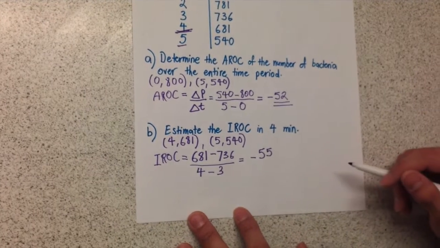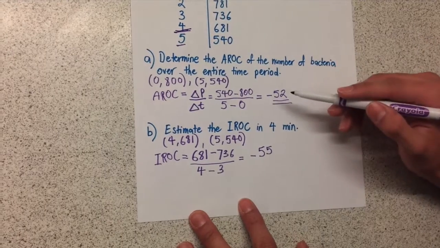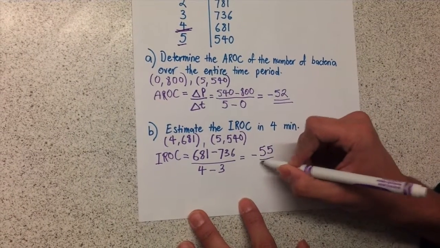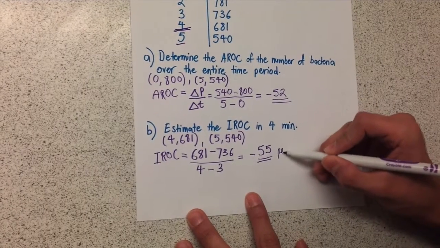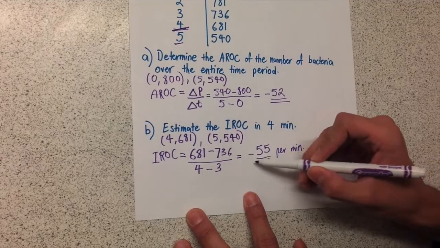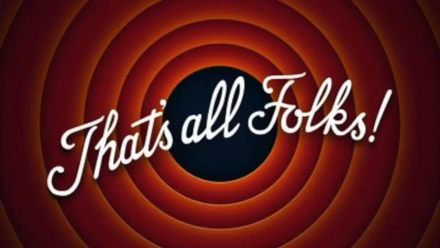So, in the 4th minute, the number of bacteria decreases by 55 per minute. And again, this minus sign represents that it decreases.